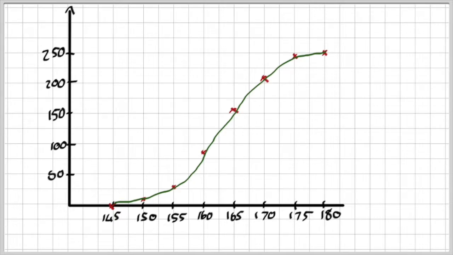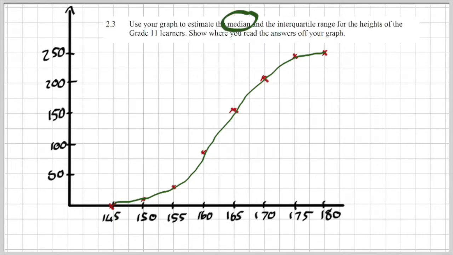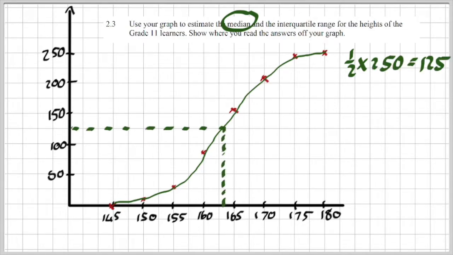Then I'm going to look at question 2.3. It says there, use your graph to estimate the median. So I'm going to get a half of the 250, which is the 125th value. So that is that value there, the 125th value. And I'm going to look, where does it go to my graph?